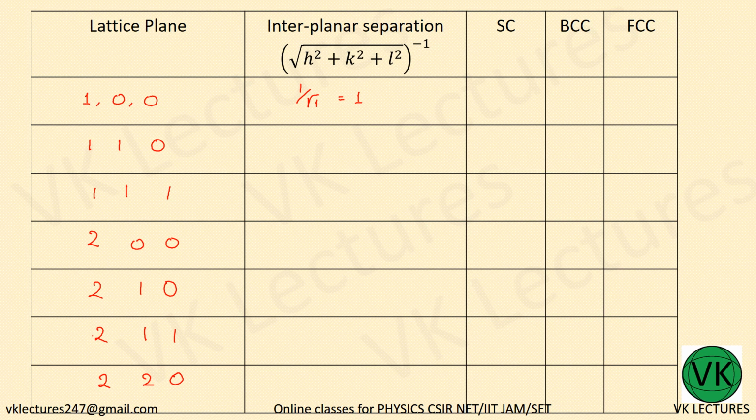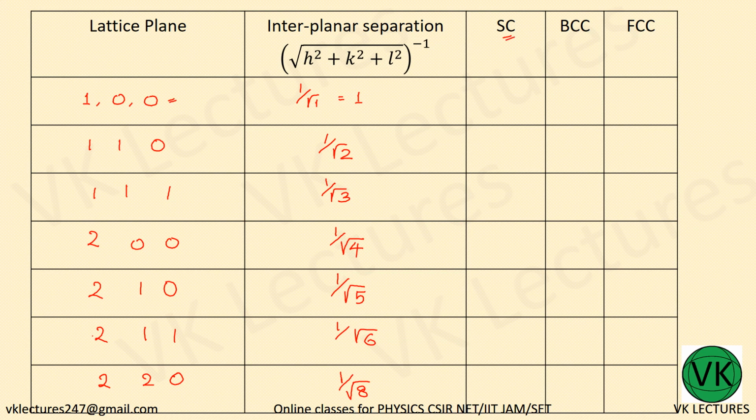Here you have 1 by root 2, here 1 by root 3, here 1 by root 4, here 1 by root 5, 1 by root 6, and here 1 by root of 8.